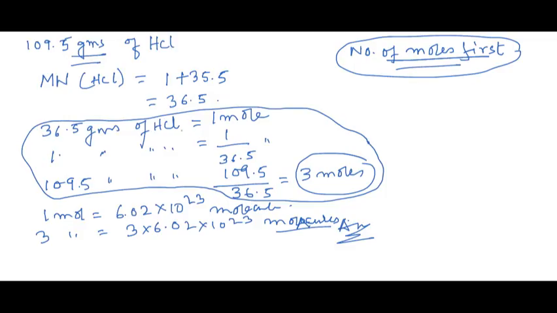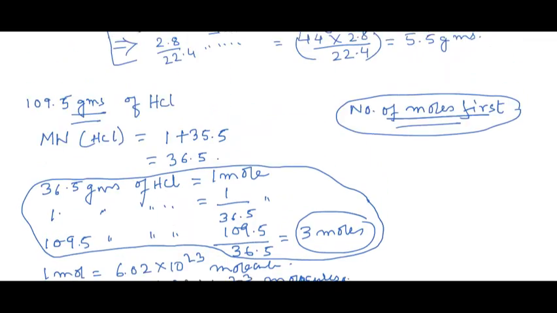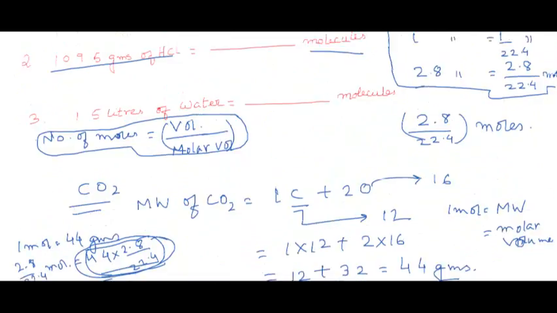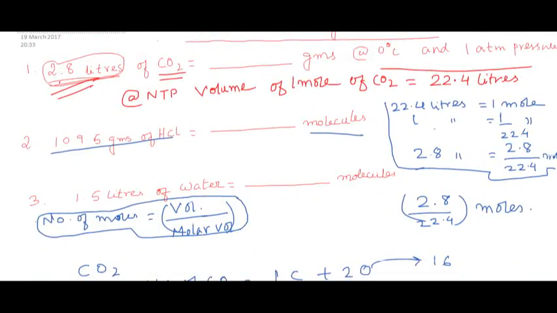Previously, if you see the previous problem, we calculated the number of moles from volume. Here it was given volume. Now from weight we have gone to number of moles. So we have learned two things: from volume how to go to number of moles, and from weight how to go to number of moles.